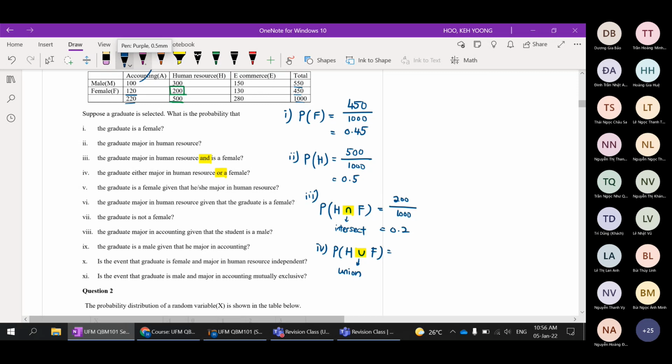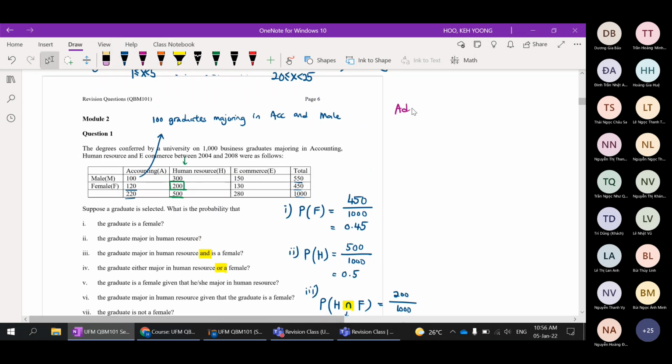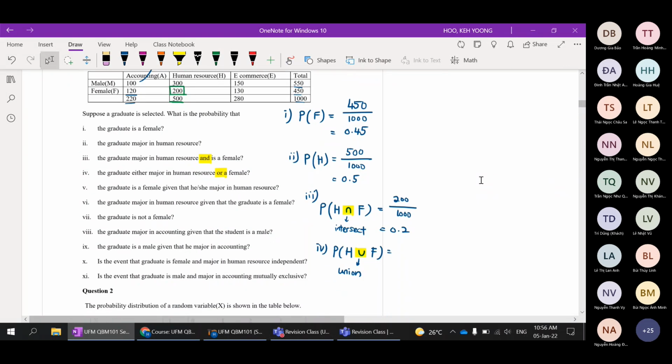The addition rule says the probability for A union B is P(A) plus P(B) minus the intersection.